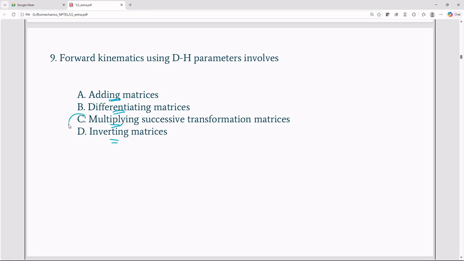The answer is option C, multiplying the successive transformation matrices. I have already told you that if we have three matrices T(i-1), Ti, T(i+1), this will be the relation between Ti-2 and so on.